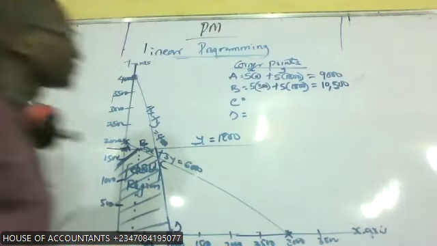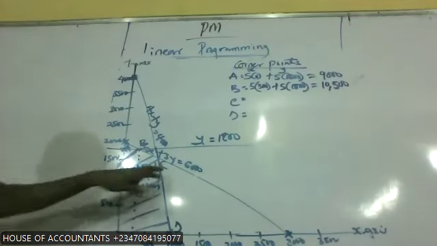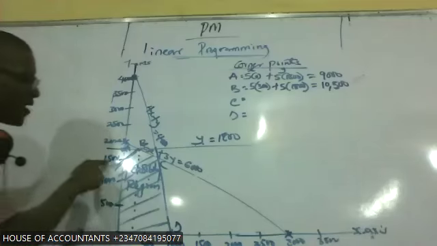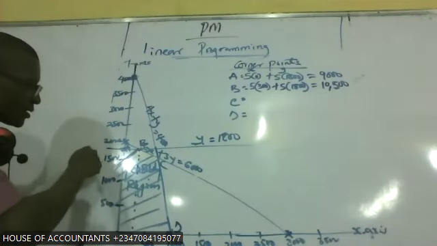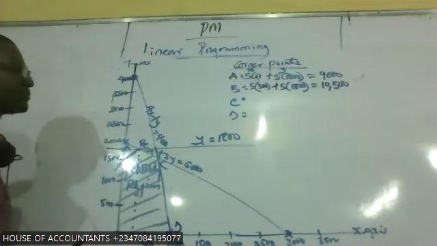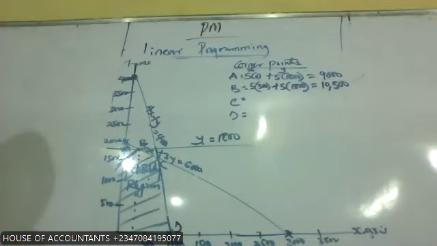Point C looks like 1/5. So point C, we can drag it down.